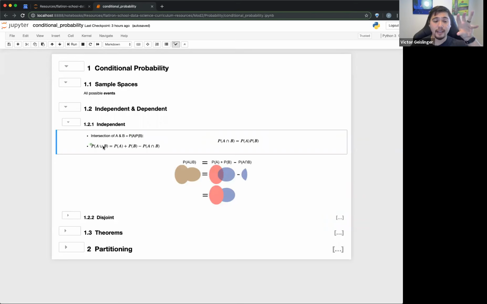If we combine the sample spaces of A and B, which is represented by this brown shape, two masses stuck together, it's the probability of A plus the probability of B, subtract that intersection, P of A intersecting B. So we don't double count.